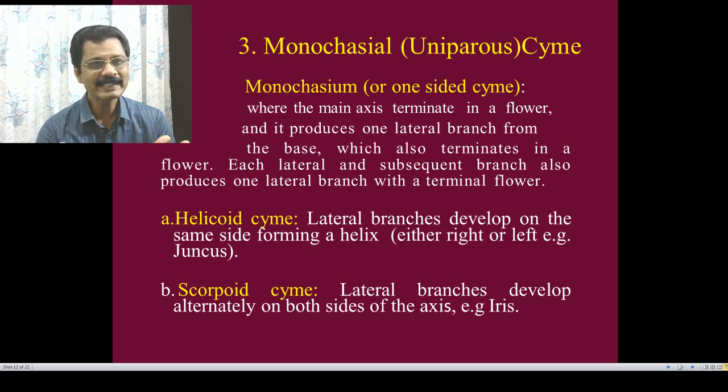One is helicoid cyme. In helicoid cyme, lateral branches develop on one side, forming a helix. And the second one is scorpioid cyme. The lateral branches develop alternately on both sides of the axis. Example, iris. Could you follow me?